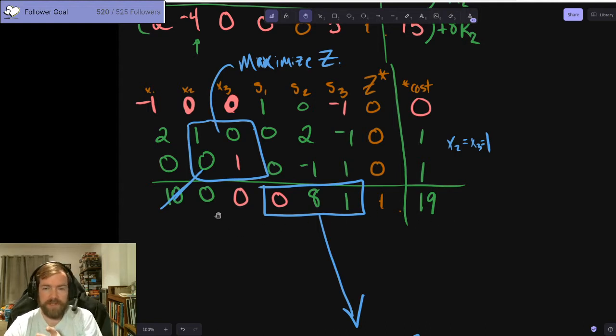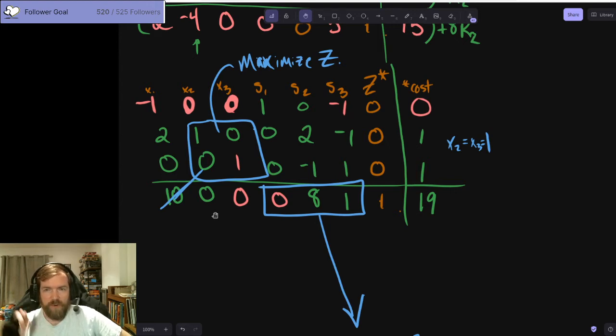If we were doing this as a maximization, yes? If we were doing this as a maximization with conditions being less than or equal to all of these things, as we talked about up above, if that were the end game, we would look at this and say, okay, out of x1, s2, and s3, if any of them are anything other than 0, and again, they must be non-negative.